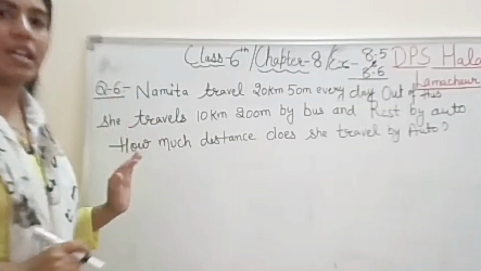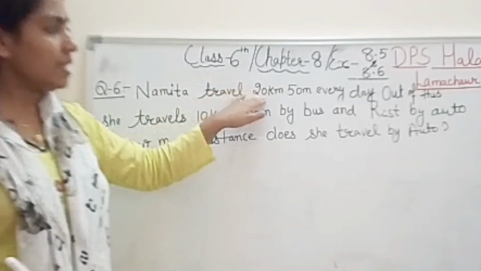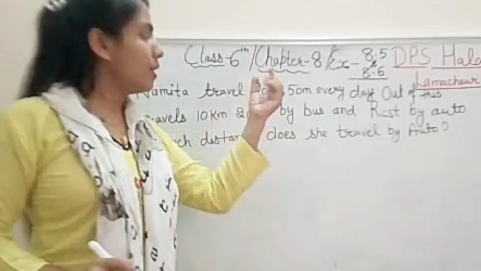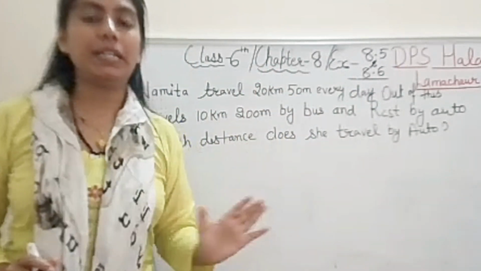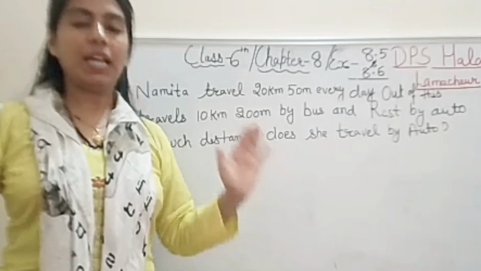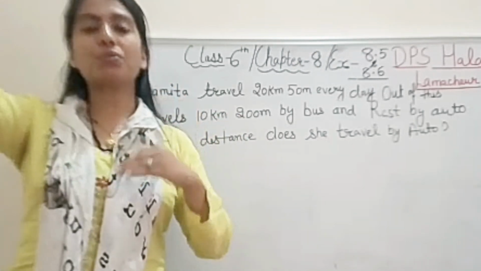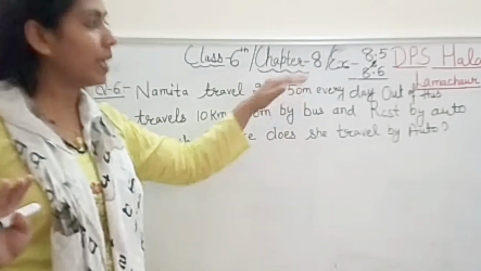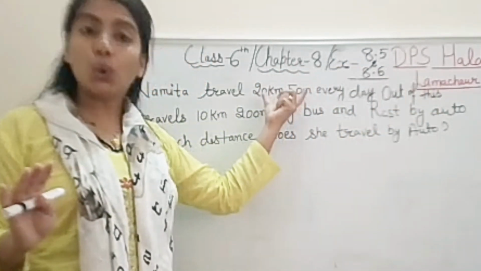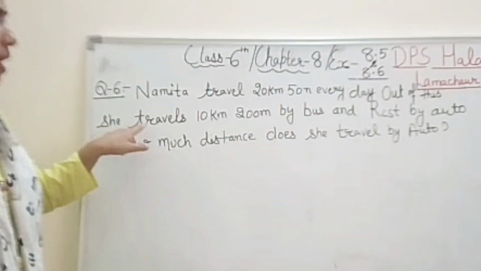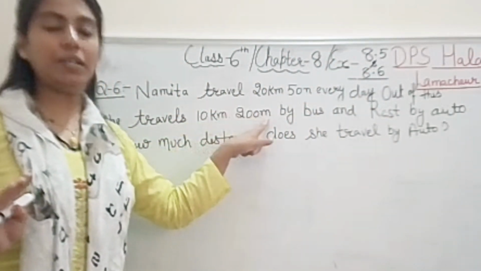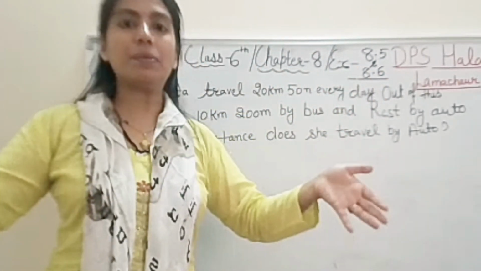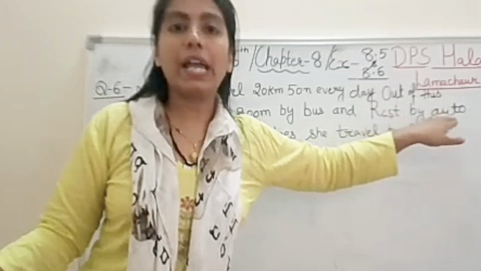Students, in question number 6 we have Namita, who traveled this many kilometers and meters every day. She traveled 20 kilometer, 50 meter every day, like you travel from home to school and school to home every day. Out of this total distance, she travels 10 kilometer, 200 meter by bus, and whatever distance remains, she traveled by auto.